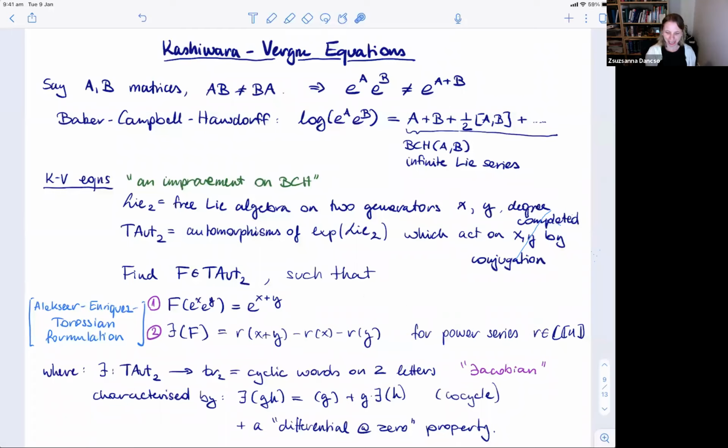And I think given the time, I don't want to go into what this technical condition is, but there's some map called the Jacobian that sends these automorphisms to some cyclic words on two letters, and it satisfies a co-cycle condition and some other condition. It's uniquely determined, and you want the J of F to be of some particular form given by a power series. And this is the Alekseev-Enriquez-Torossian formulation. So the original Kashiwara-Vergne equations looked a little bit different, but this is equivalent.